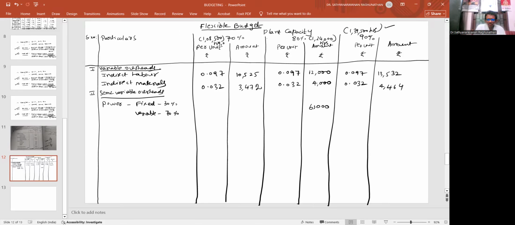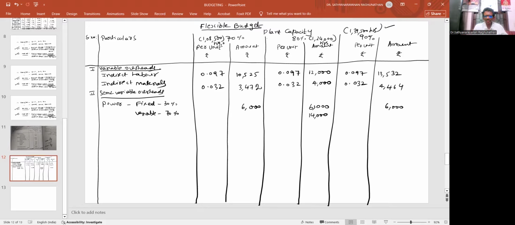The remaining 14,000 will be your variable. Okay, first we will deal with the fixed cost 30%. See, total of the fixed cost remains constant at all levels, all capacity. Okay, at all levels of production. 6,000 for 70%, 6,000 even for 90%.